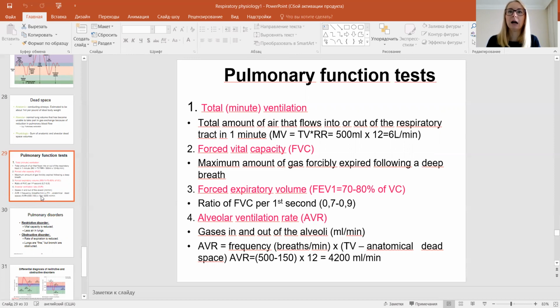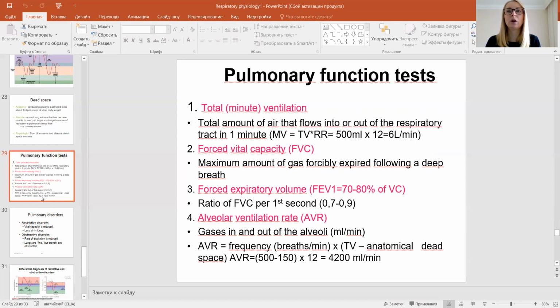Next one is alveolar ventilation, the total volume of fresh air entering the alveoli per 1 minute. Alveolar ventilation rate is calculated as tidal volume minus anatomical dead space, multiplied by respiratory rate.